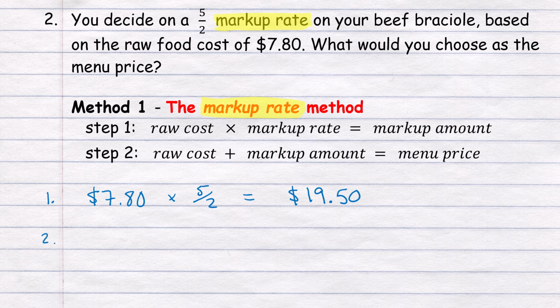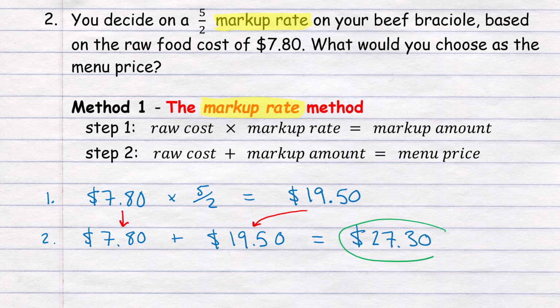So step two, you take the raw food cost and add the markup amount. We're always doing that if we're using this method. Adding those two together, we get $27.30.